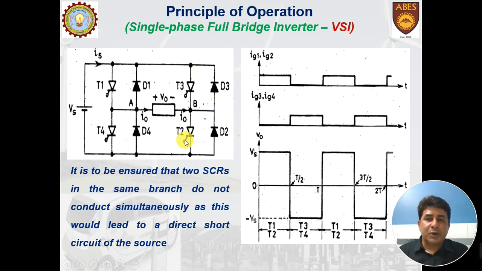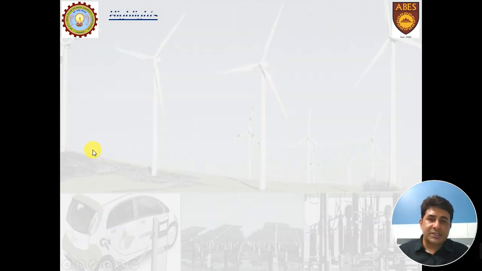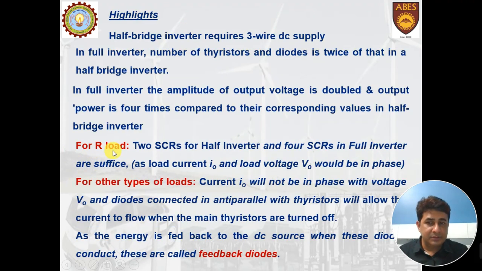Now, the purpose of this diode should be known. These diodes are used whenever the load is non-resistive. If the load is resistive, then these diodes are not required. For our load, only having 2 devices in the half inverter and 4 devices in the full inverter is enough.